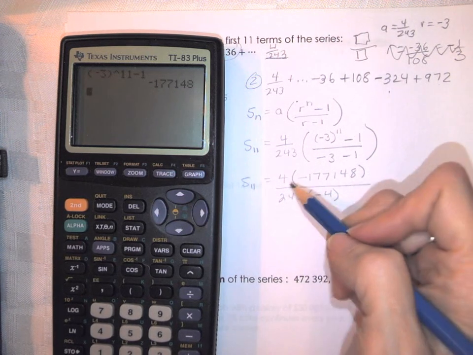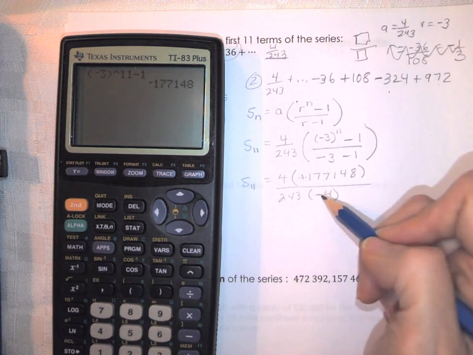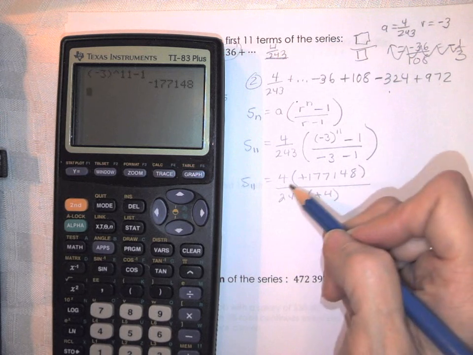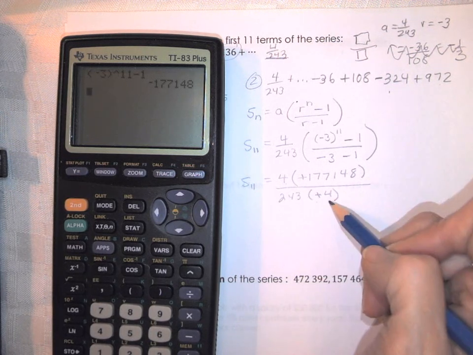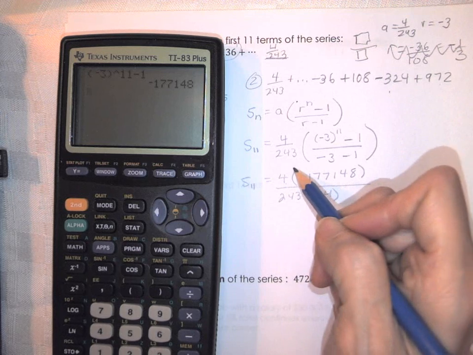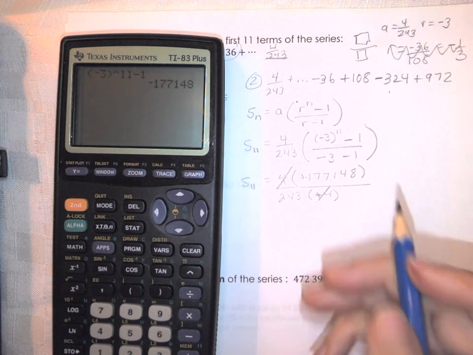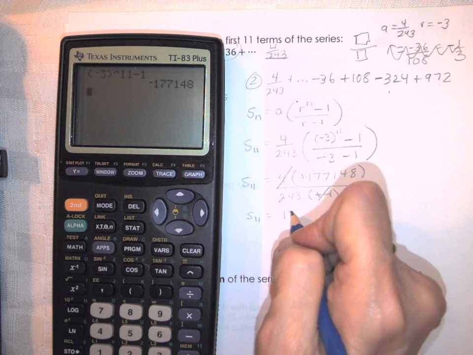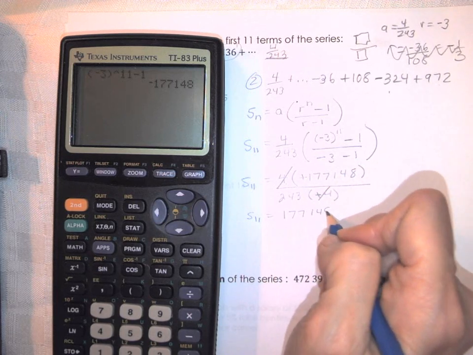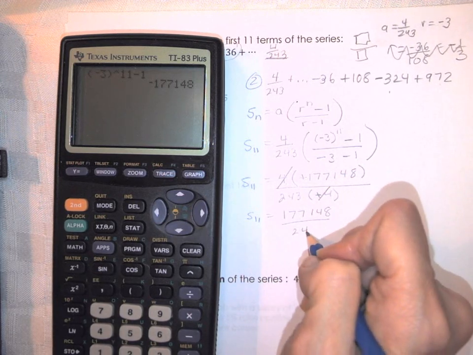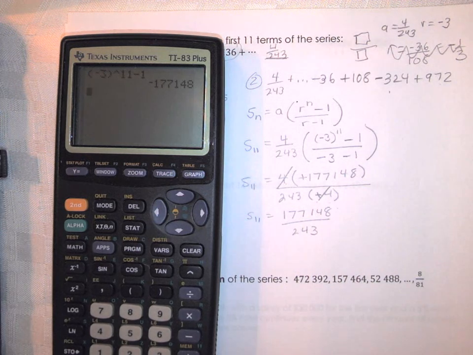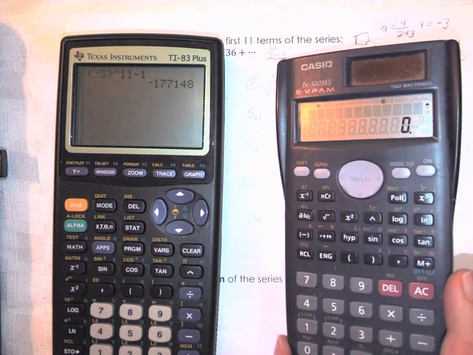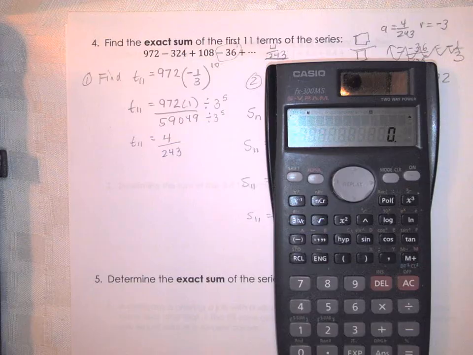And again, here I've got two negatives, so I know they make a positive on the top and bottom. And I also see I'm multiplying by 4 and also multiplying by 4 in the denominator, so those 4's can divide out. So I'm left with 177,148 over 243.